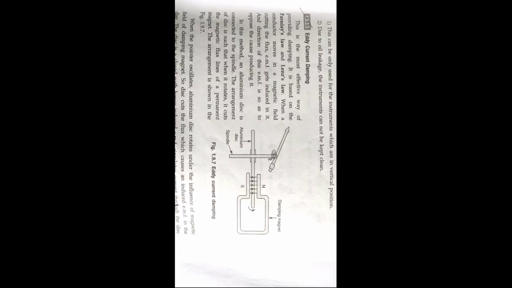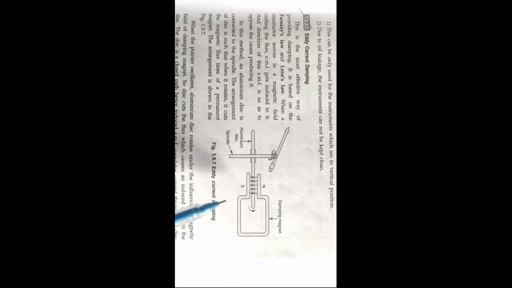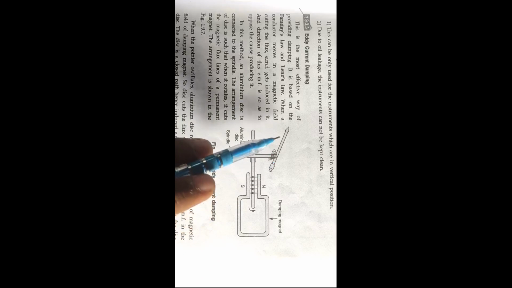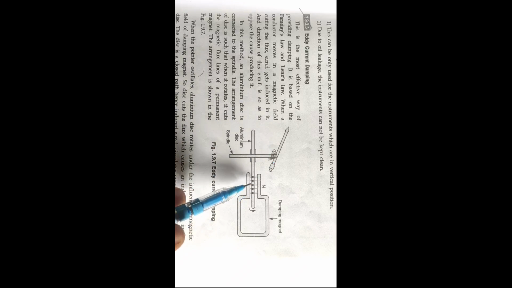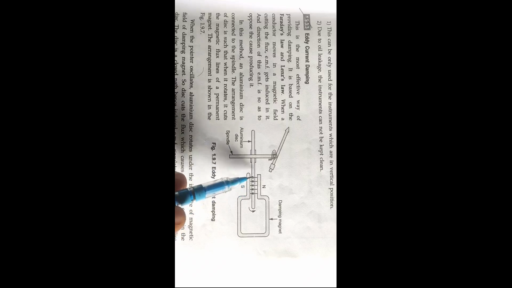This is the third one, eddy current damping. When the pointer starts to oscillate, the aluminum disc under the influence of the magnetic field of the damping magnet cuts the flux and causes an EMF in the disc. When this disc comes under the magnet, it cuts the magnetic flux, and due to this cutting of flux an EMF is induced in the disc.